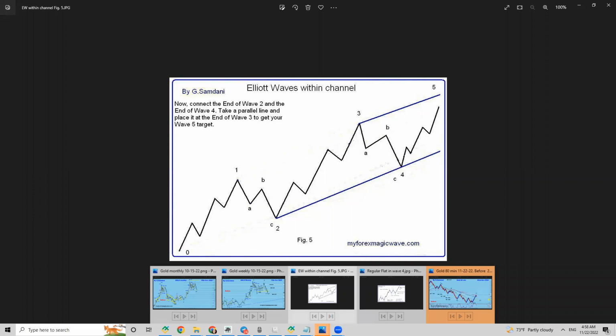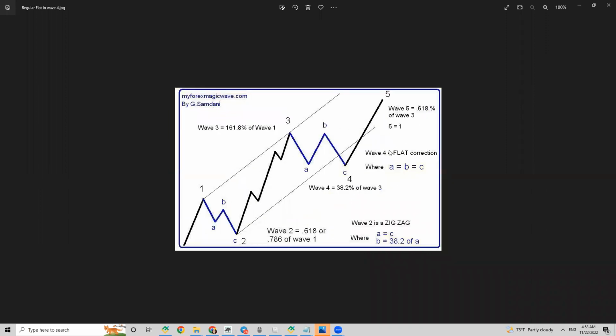Sometimes wave 4 unfolds in an irregular flat. This is what it is. A flat correction means like this: 1, 2, then wave 2 is a zigzag, and then wave 4 is a flat, meaning A, B, and C are almost very, very similar, the same size.